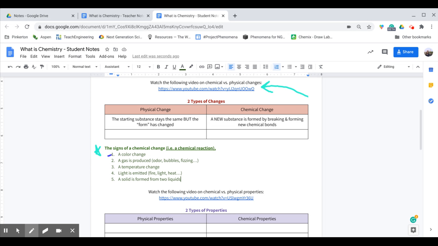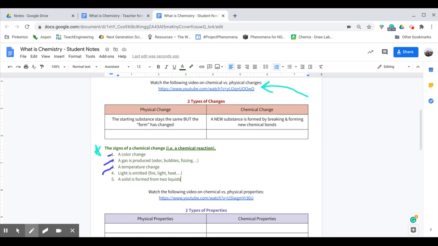So if you have a blue substance that turns yellow when you add water, that's a chemical reaction. Another way to tell a chemical reaction is taking place, there's a gas being produced. So there's a funny odor, you can see bubbles in your solution, you can hear fizzing. That's another way to know that there's a reaction taking place.